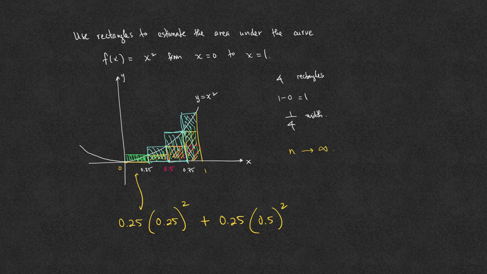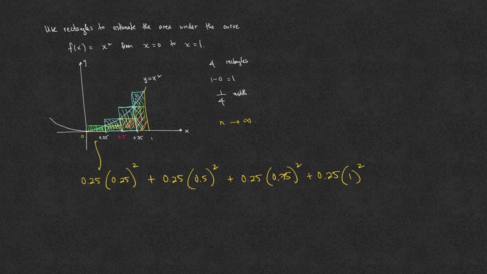The height should be how high the function is. We need to have 4 terms if we were to use 4 rectangles. The next rectangle has a width of 0.25 and the height of 0.75 squared, and the last rectangle has the width of 0.25 and the height of 1 squared.